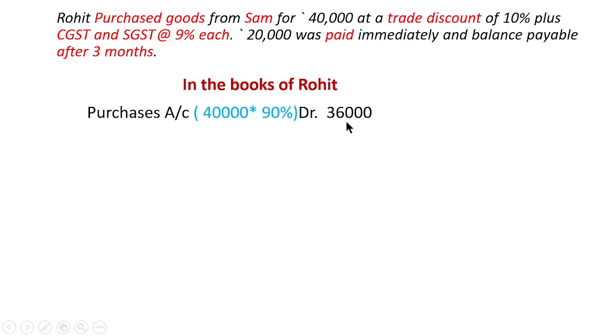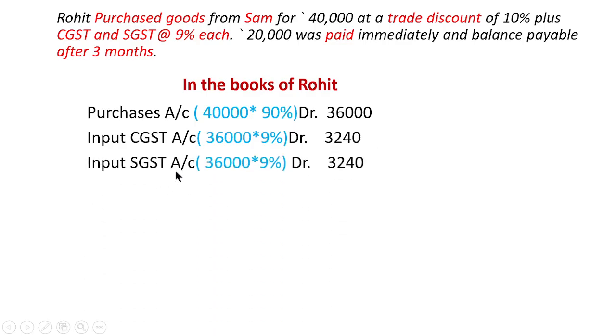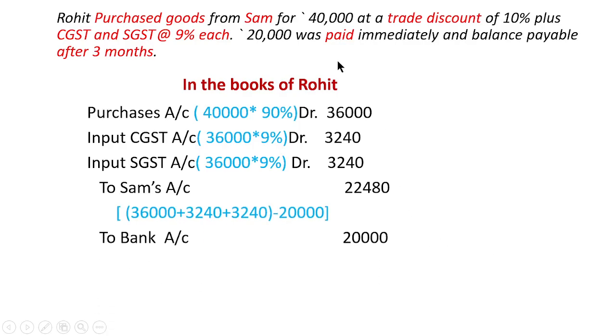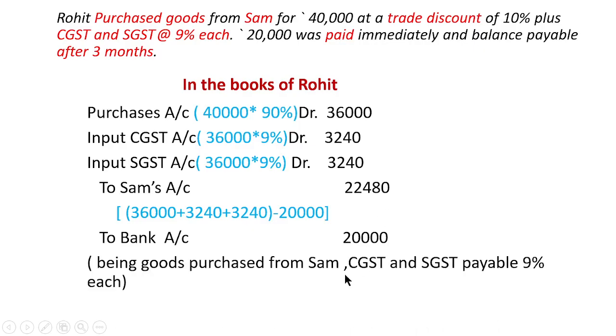So 40,000 into 90% is 36,000, and here at the time of purchase he paid tax, so it is input CGST account 36,000 into 9%, input SGST 36,000 into 9%, 3,240 to Sam's account, and to bank means he paid 20,000 immediately, so to bank 20,000 and payable amount is 22,480, that is 36,000 plus this tax amount 3,240 minus paid amount, so balance payable is 22,480, being goods purchased from Sam, CGST and SGST payable at 9% each.